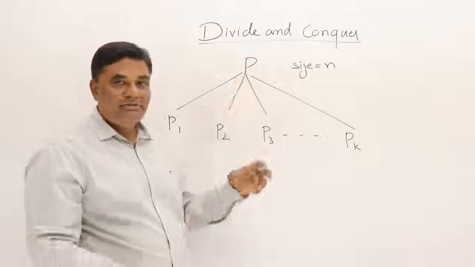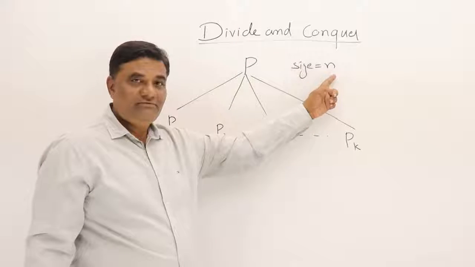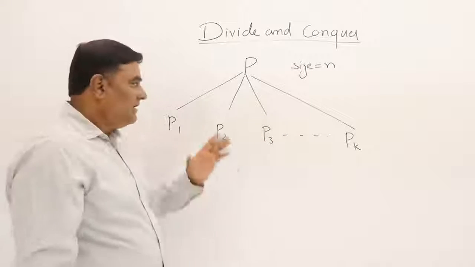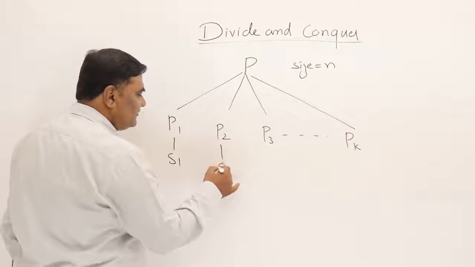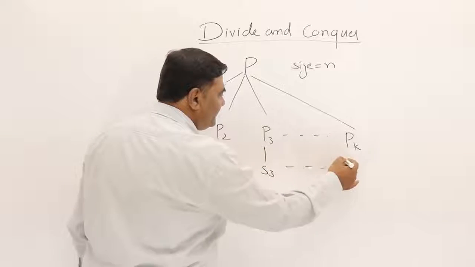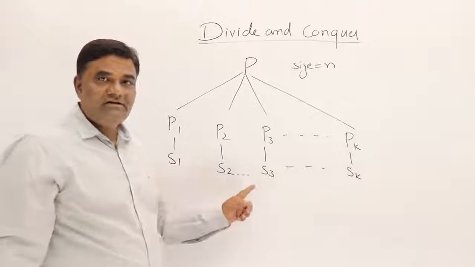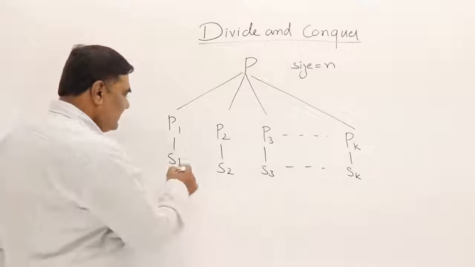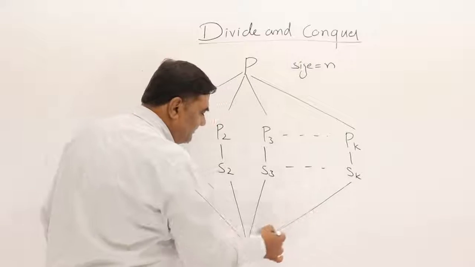Now, the large problem is broken down into smaller sub-problems. The size was larger, so we have broken it into smaller size problems. Now these sub-problems can be solved to obtain their solutions: solution 1, solution 2, solution 3 and so on up to solution K. All these are individually solved. Now once you have the solutions for these, you can combine these solutions to get a solution for the main problem.